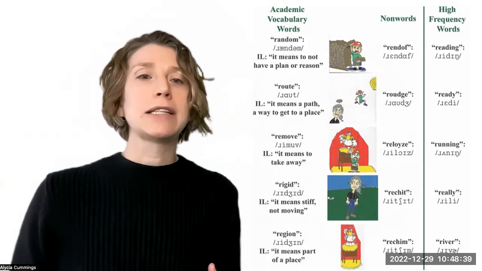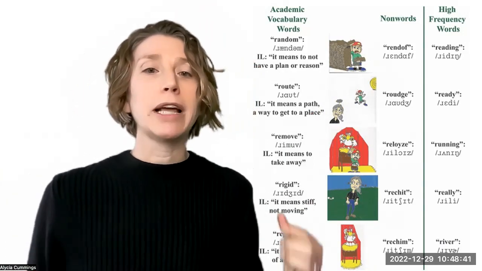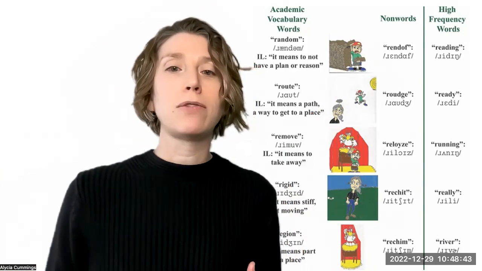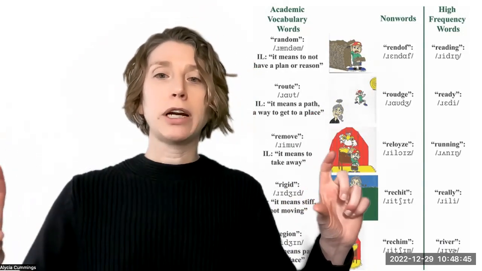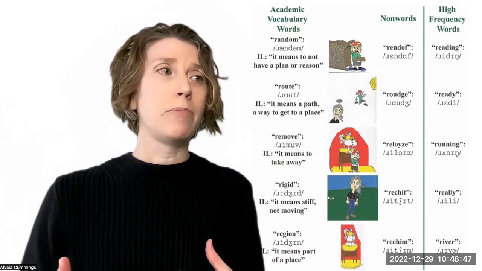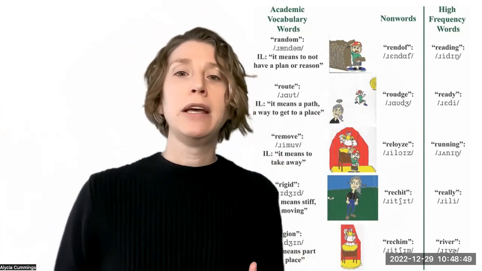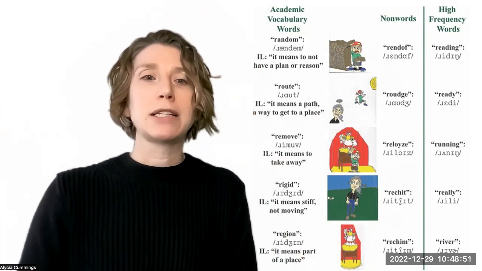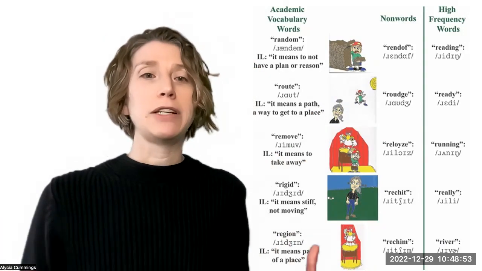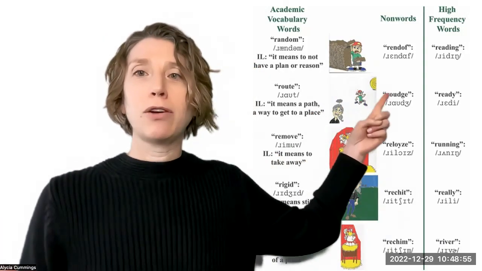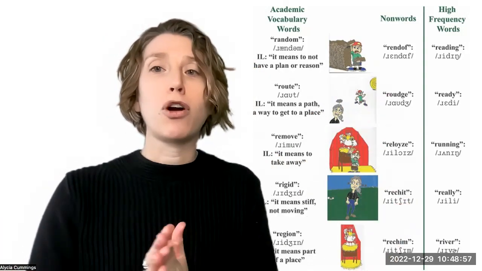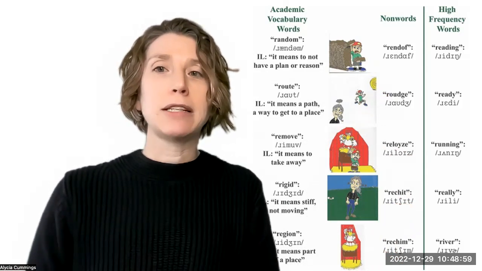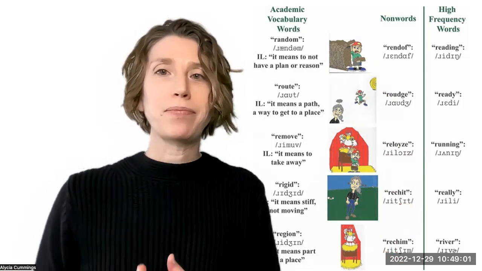So using these nonsense words allows us to explicitly control the sounds surrounding our target sound. We get to manage and control that context to ensure children get practice in producing their sounds in many different situations. And we can really have some nice progress here by using these nonsense words in treatment.